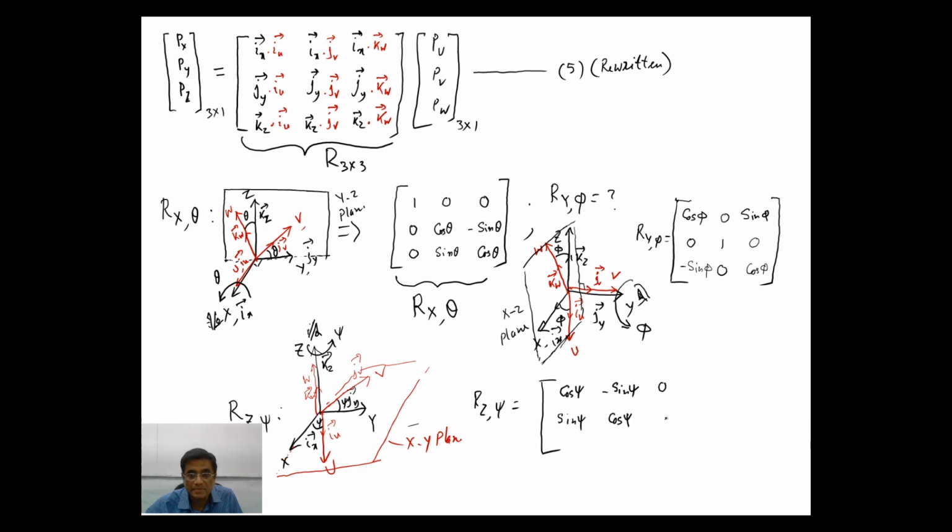The angle between them is psi, and then again this is 0. Please check, because now z is perpendicular to the xy plane, these elements will be 0 because the angle between the unit vectors is 90 degrees, and Kz and Kw are superimposing, the angle between them is 0, so this is 1.